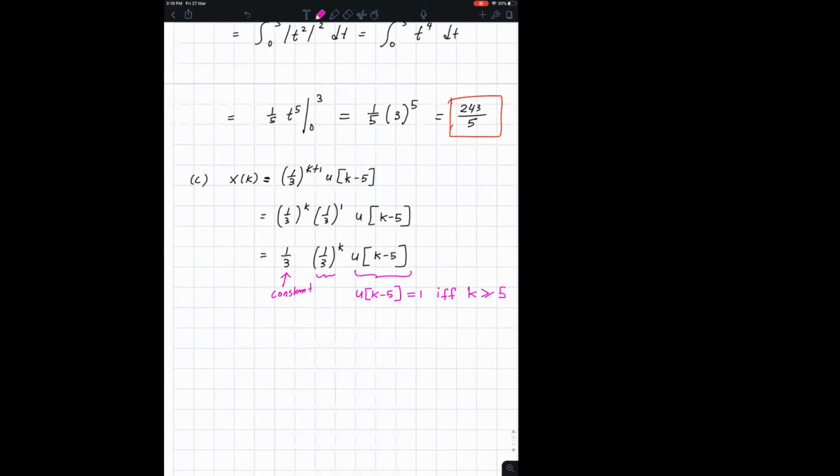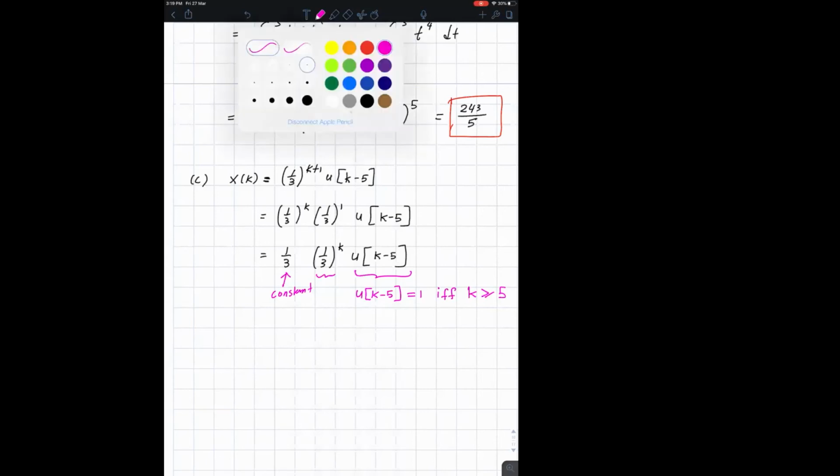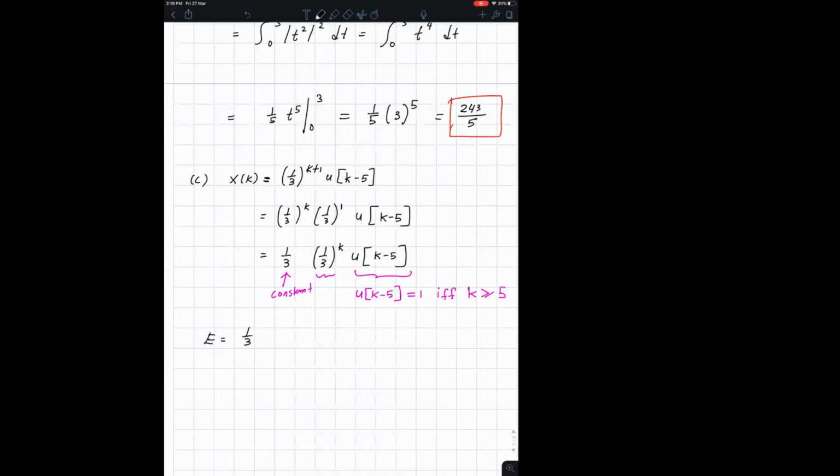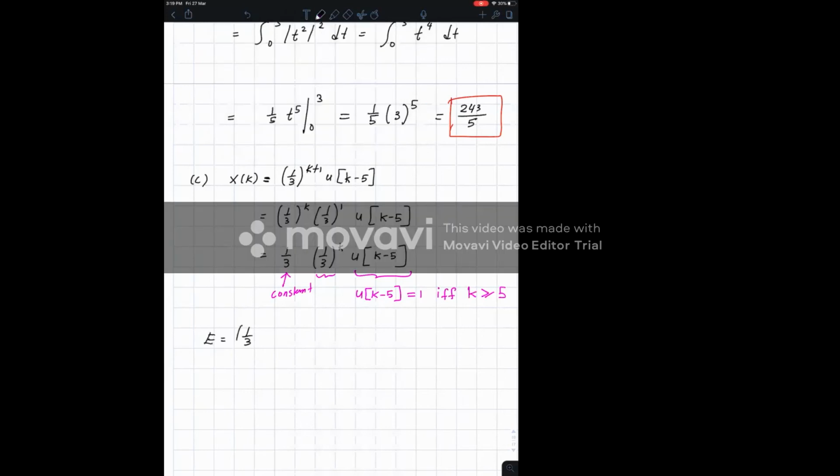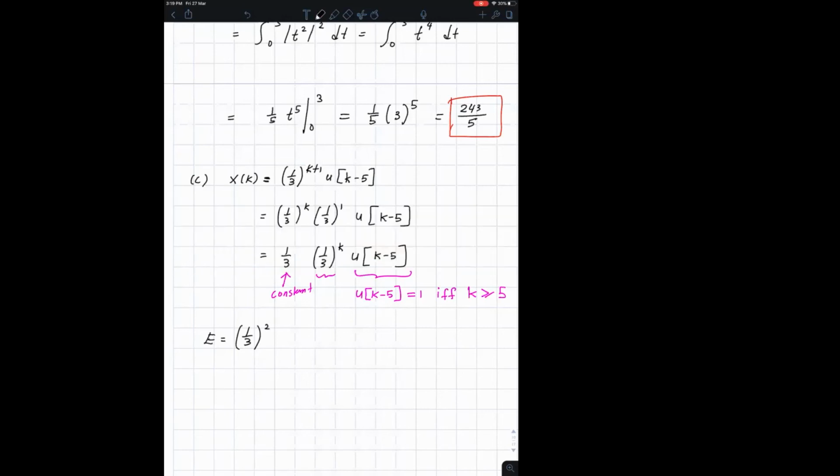Then therefore I can rewrite this signal as 1/3.